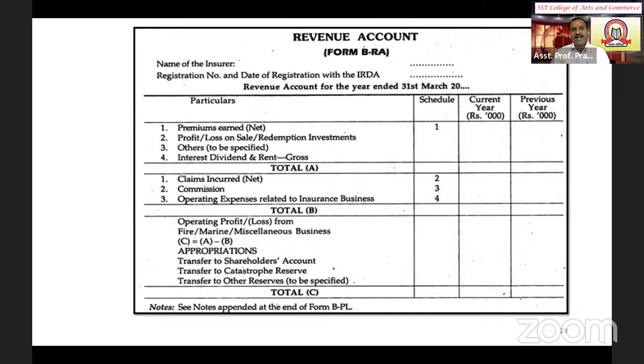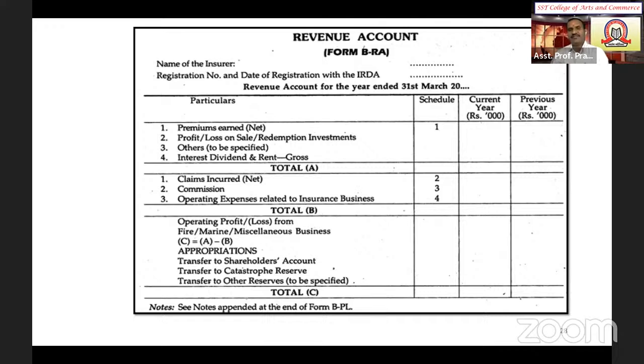In the income part, premium earned is schedule number 1. Profit or loss on sale or redemption of investment. If there are any other incomes, they should be written under others. Interest, dividend and rent are shown gross.